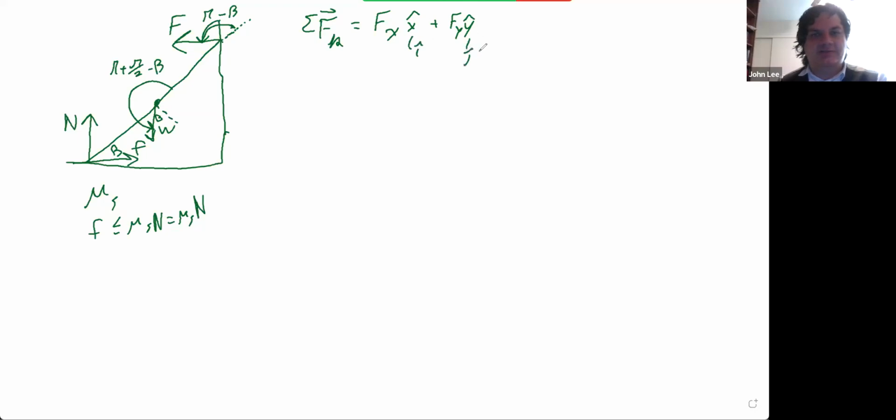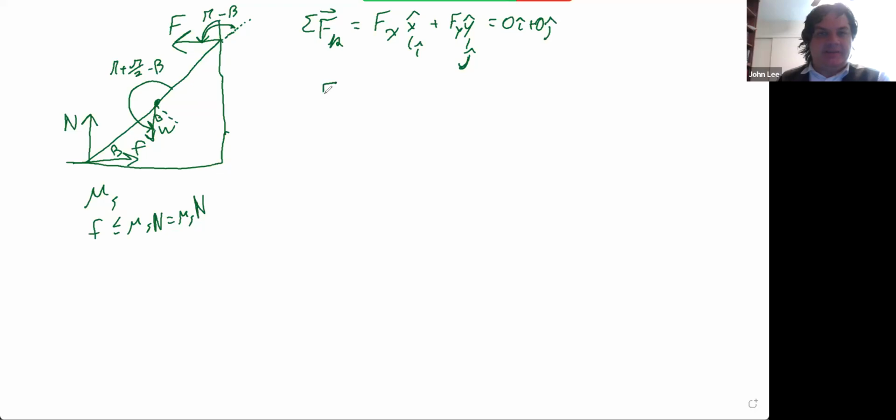I think that's the convention we've been using rather than X and Y direction. So that's going to be 0 in the I direction plus 0 in the J direction.